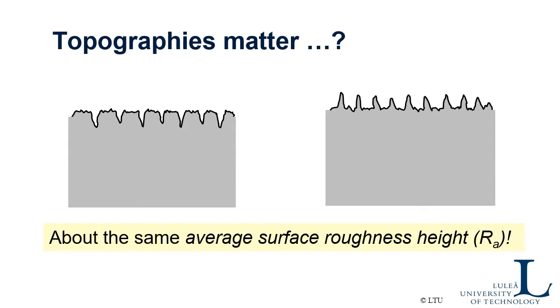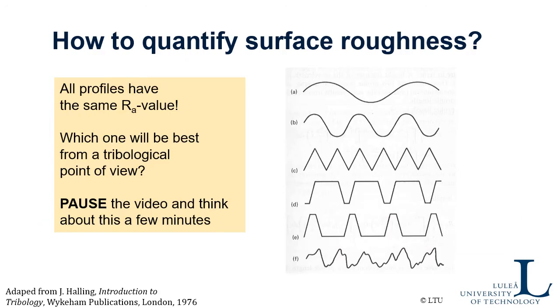If you walk without shoes on this surface, which one do you want to walk on? Well, I guess you are going to choose the left-hand side surface, because that will feel smoother than the right-hand side. So from a tribological point of view, the application of Ra for tribology is really poor in a way.